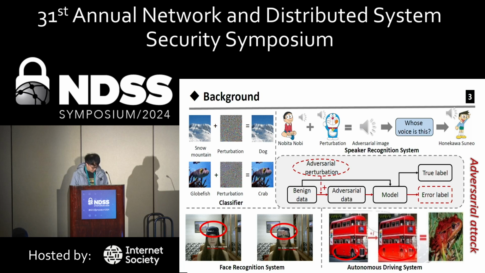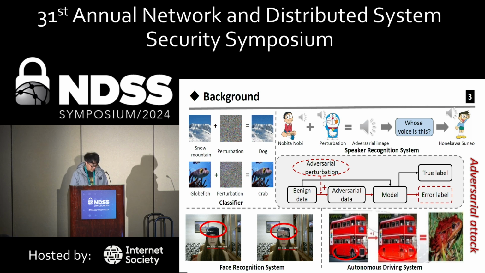Adversarial attacks may result in the model producing wrong classification results, thereby impacting its performance and reliability, especially in critical domains such as image classification, speech recognition, facial recognition, and autonomous driving.